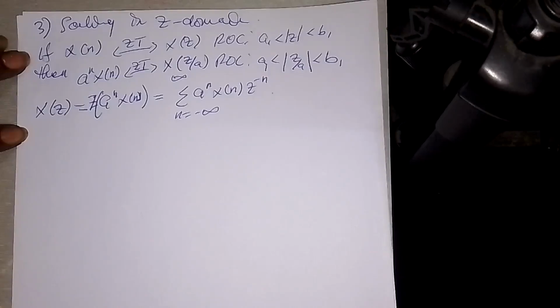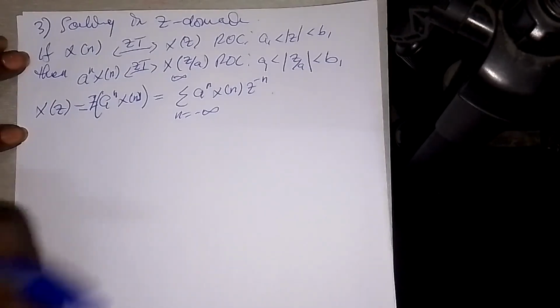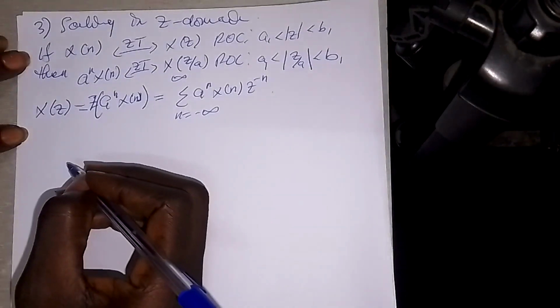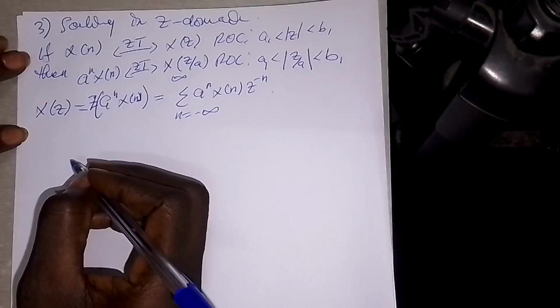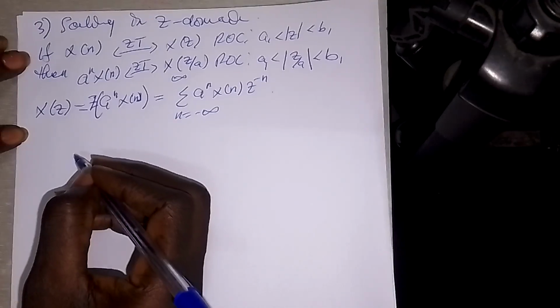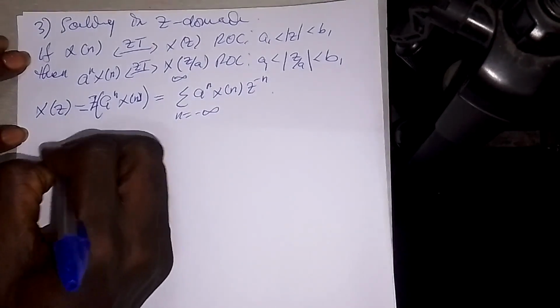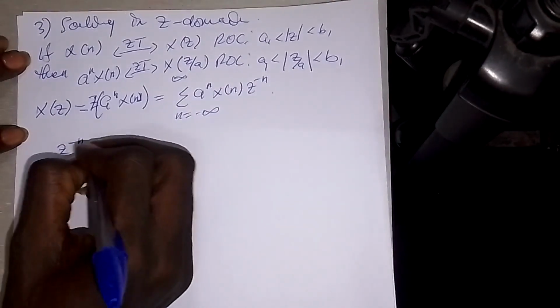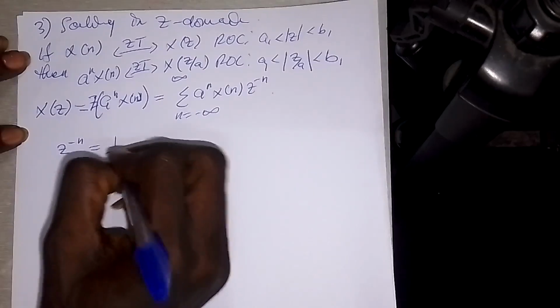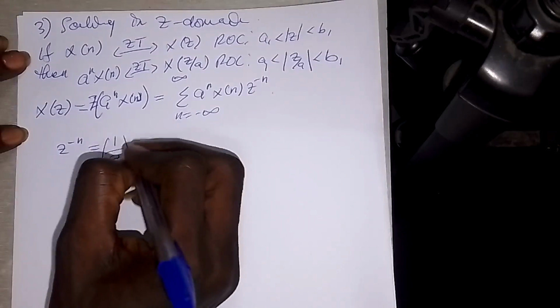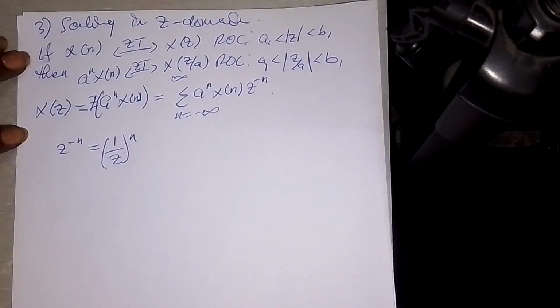So now what we can do from here, to move this proof forward, what I have to let you know is that z to the power minus n is also equal to 1 over z to the power n, like this.